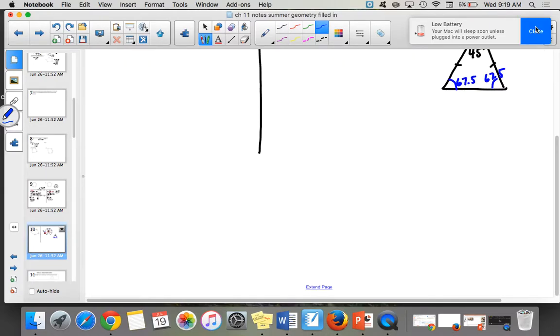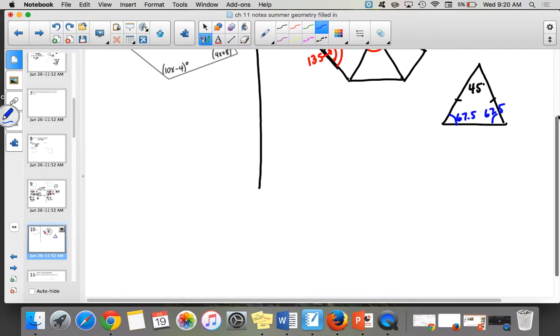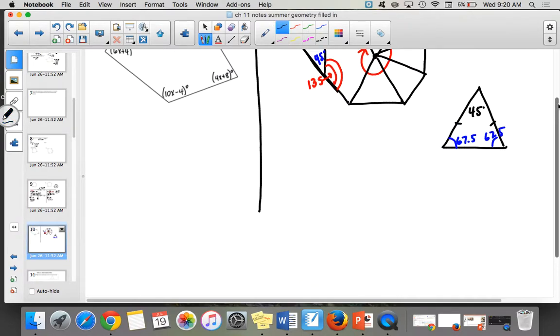So let's say I drew a hexagon instead, and I talked about its little central angle there. What is this top one? 60, right? Do you guys see it, 60? So what is each of these blue angles?